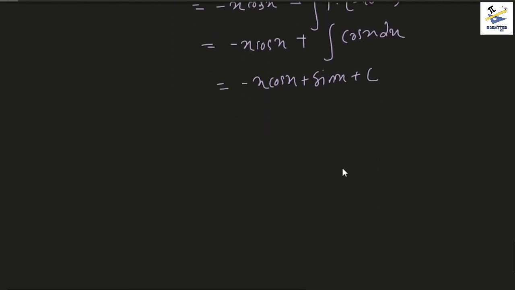Let us try to find out something else here. Next problem would be the integral of e to the power x sin x dx. Now this is a problem where you would know why denoting the integral by I is of paramount importance.